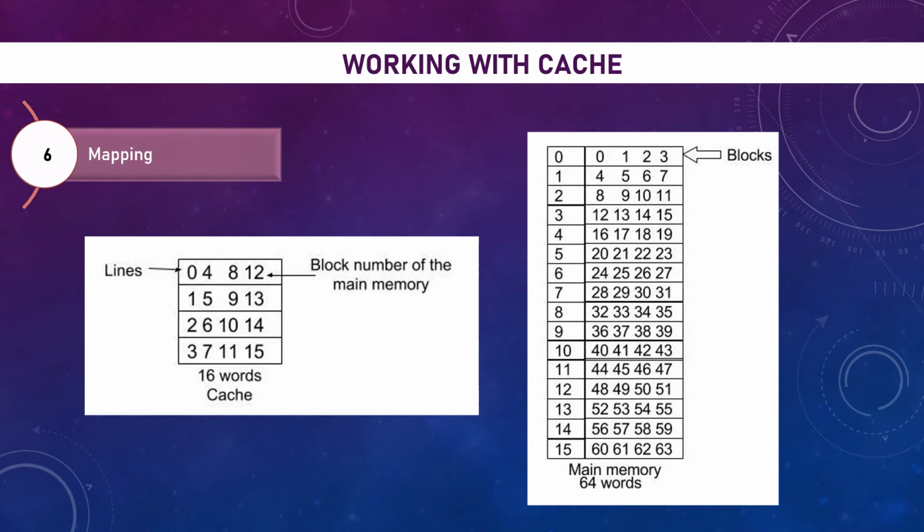Here you can observe that we have blocks in our main memory, and this is our cache memory, which has lines, right?